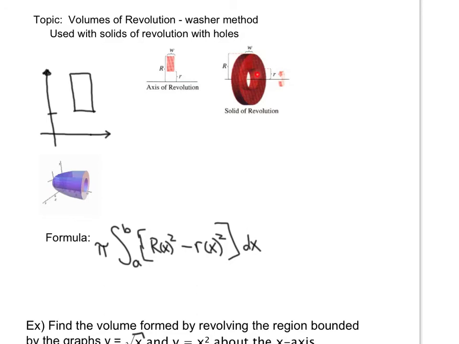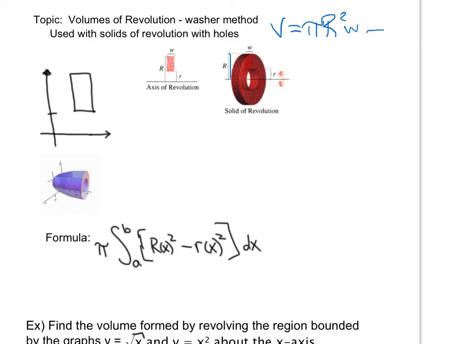Well, the volume of this whole thing without the hole, the volume of the whole cylinder, which we looked at in the last video, is going to be pi times radius squared. In this case, my radius is labeled as big R, times the height of the cylinder, which is labeled as W. So then I'm going to have to take away the volume of the inside cylinder.